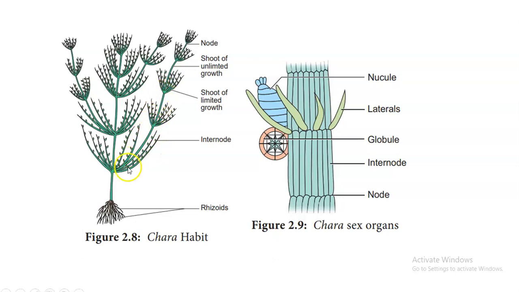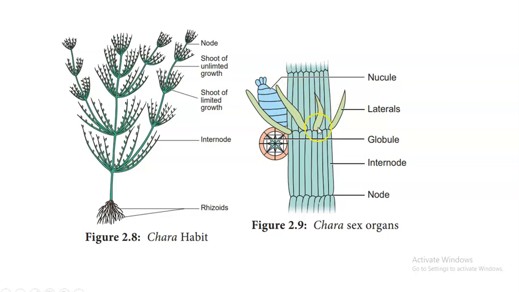So in the shoot of limited growth, at the lower nodes, maybe here, maybe here, maybe here, this is the node. This is considered as the lower node. Here we can see the occurrence of female and male reproductive organs of the genus Chara, and this will be encircled by a wall of appendages called stipuloids.